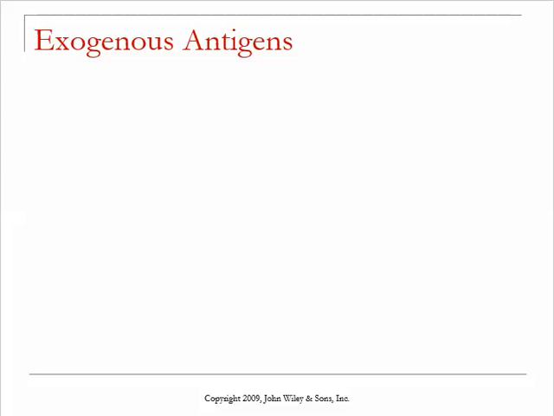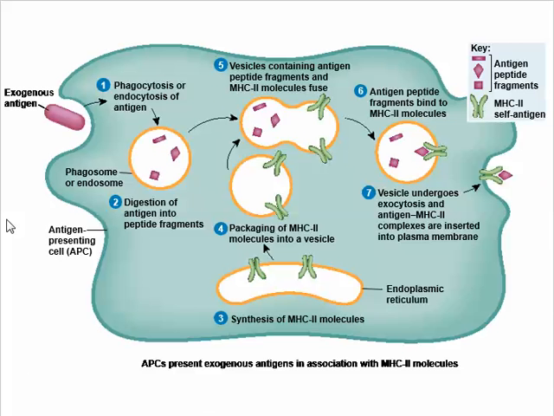So what happens is the exogenous antigens get eaten by the phagocyte. The phagocyte kills and digests it, and then as it's making its MHC2 molecules, it takes a fragment of the exogenous, usually the antigenic determinant, processes it, and displays it on the surface. So that's why it's called an antigen presenting cell.